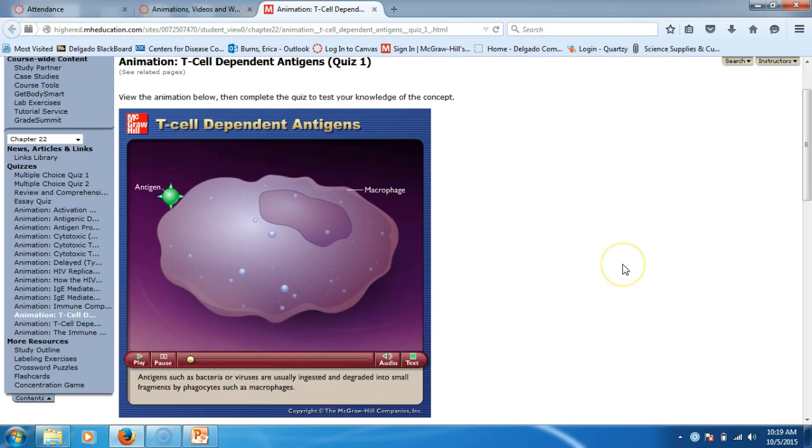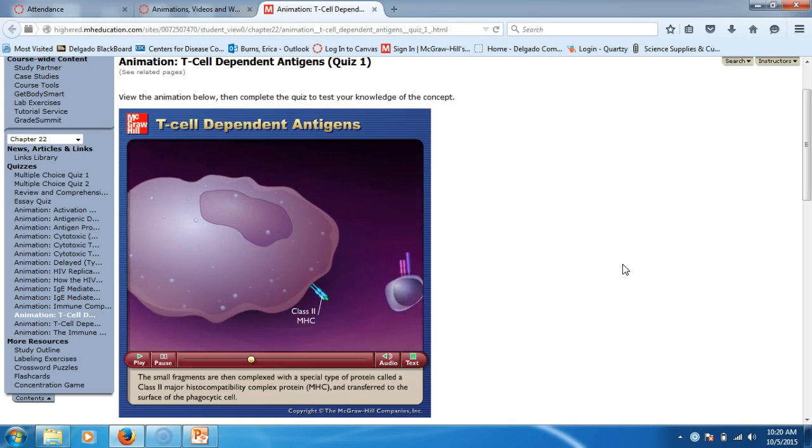Antigens, such as bacteria or viruses, are usually ingested and degraded into small fragments by phagocytes, such as macrophages. The small fragments are then complexed with a special type of protein called a class II major histocompatibility complex protein, MHC, and transferred to the surface of the phagocytic cell.